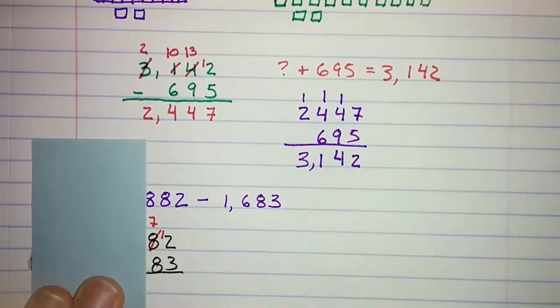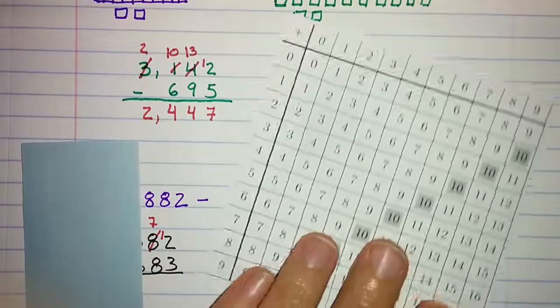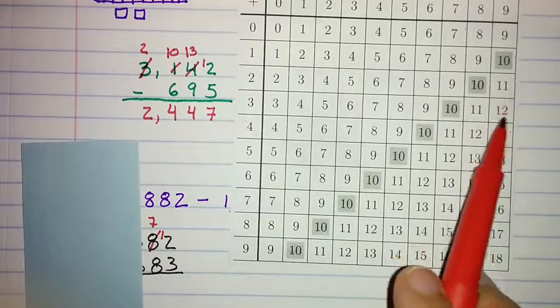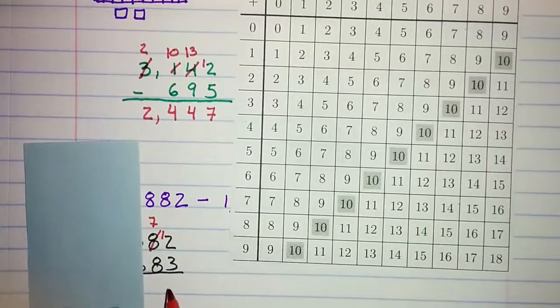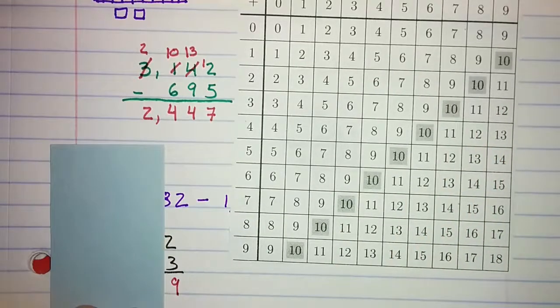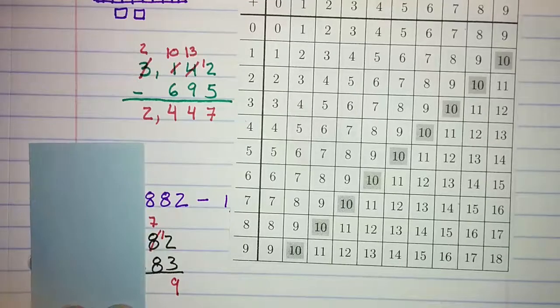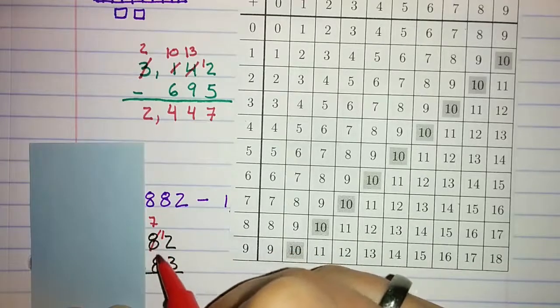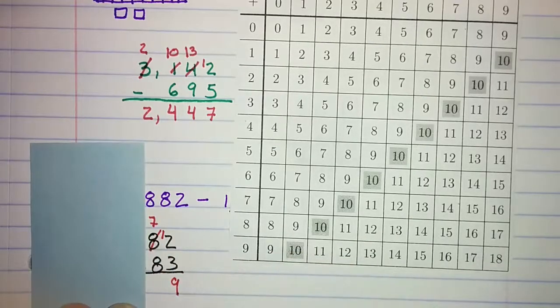All right, 12 minus 3 we can do. 3 plus what is 12? 3 plus 9 is 12. So 12 minus 3 is 9. In the tens place, now we've got 7 minus 8. We don't have 8 minus 8 anymore. 8 minus 8 we could have done. 7 minus 8 we can't do.